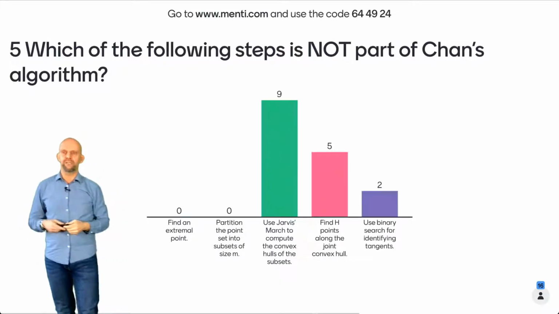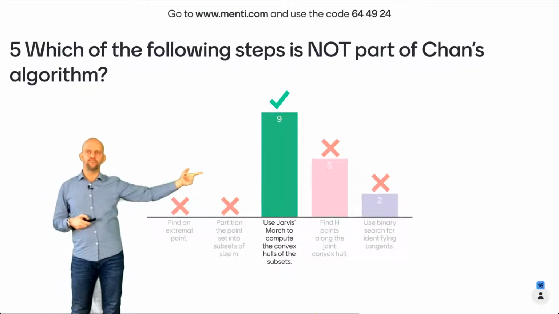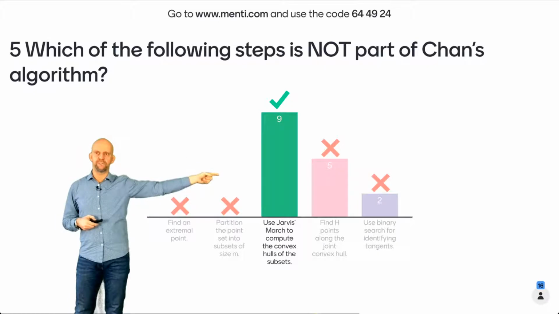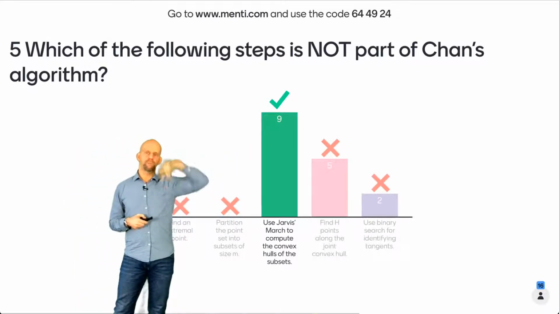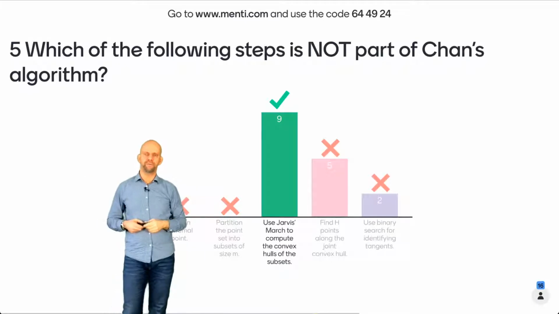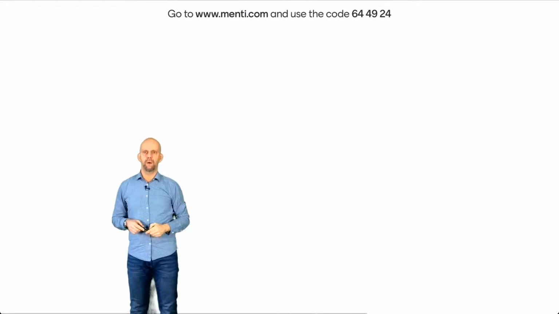That's a little sneaky, I must admit, but the majority has not been fooled, because it's not Jarvis March that we use for these subsets. We use Graham scan. We use Jarvis March, or something similar to Jarvis March, for the gift wrapping part. That's the second part.